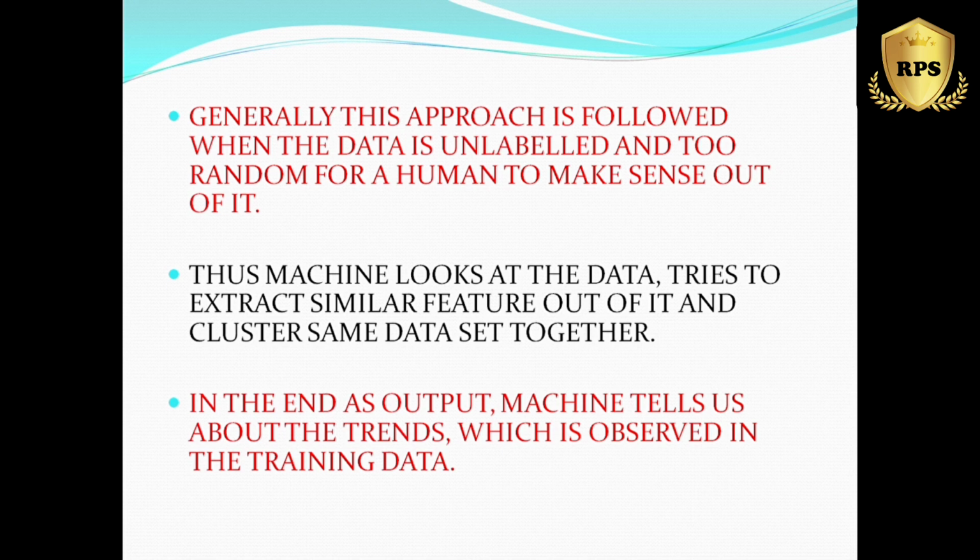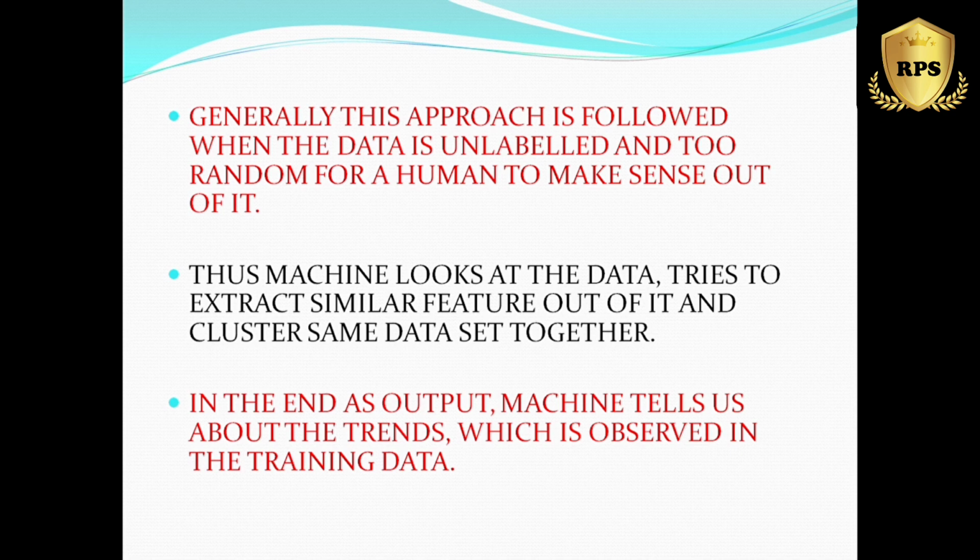Let us look first at these points. Generally, this approach is followed when the data is unlabeled and too random for a human to make sense out of it. Now, we humans have a little bit of difficulty when the data is so large. Who will do this in less time?